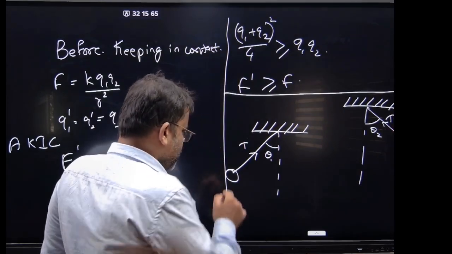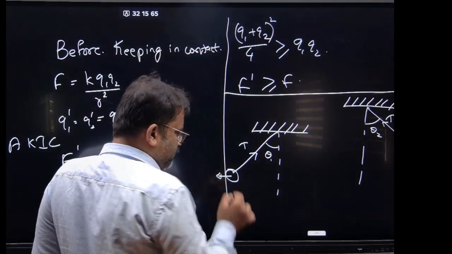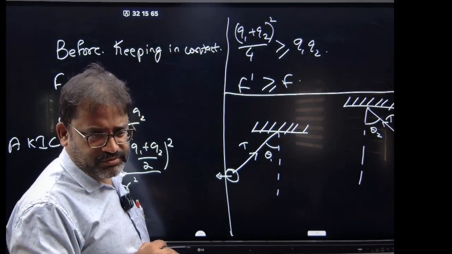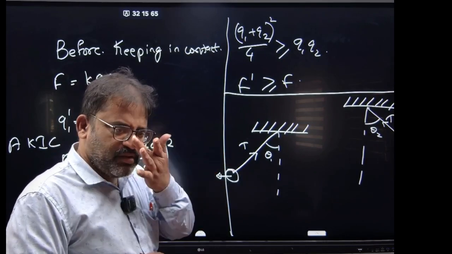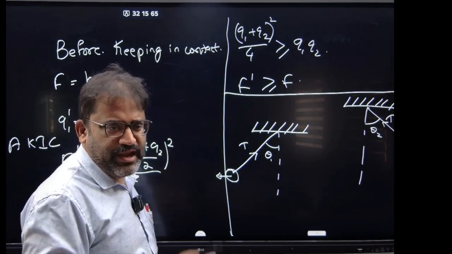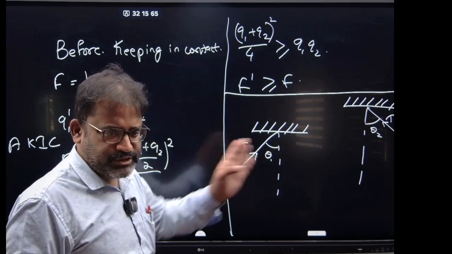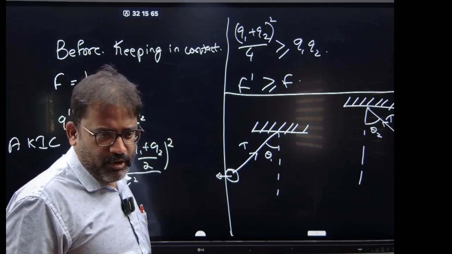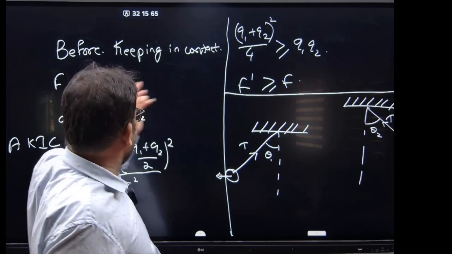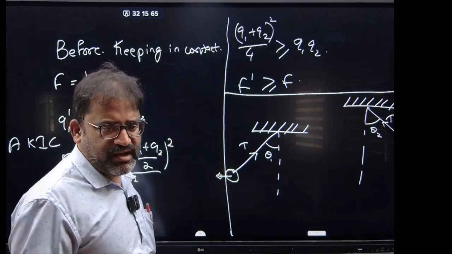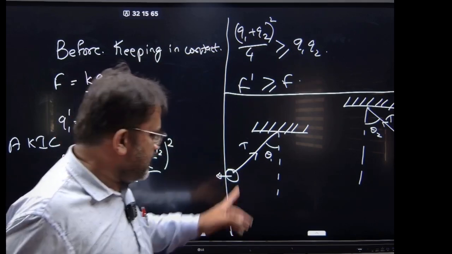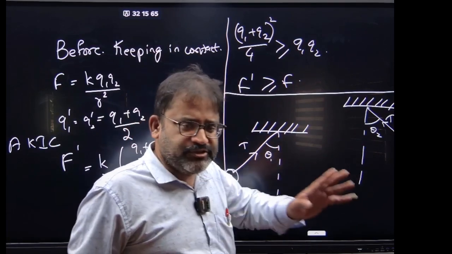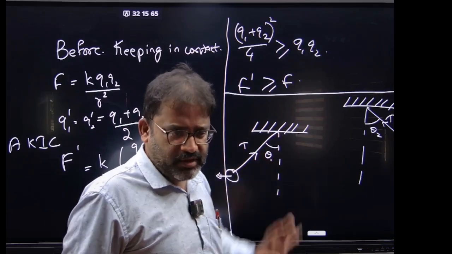Now remember, the horizontal force is electrostatic force, which will be balancing each other because it is the same for both charged bodies. So because of that we can say Q1 and Q2 will occur in the same equation. Therefore we can't say that this will be more strongly repelled, this will be less strongly repelled, or vice versa.